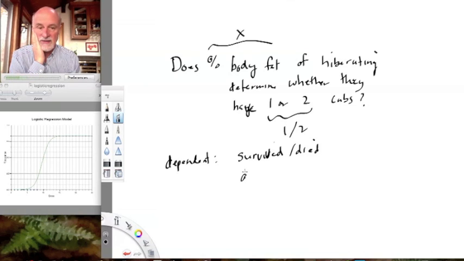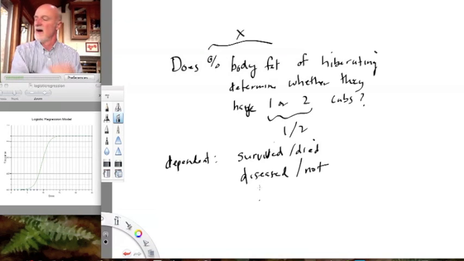What about obtained a disease or not? You got the common cold or didn't get a common cold, got the flu, didn't get the flu. If you're a prey item, you could be eaten, or maybe you weren't eaten.